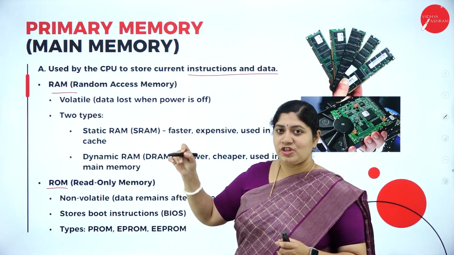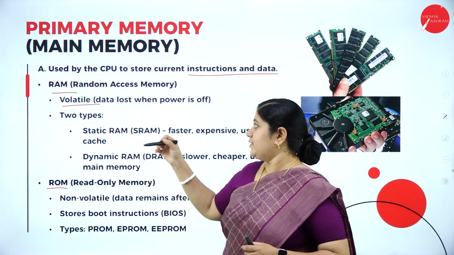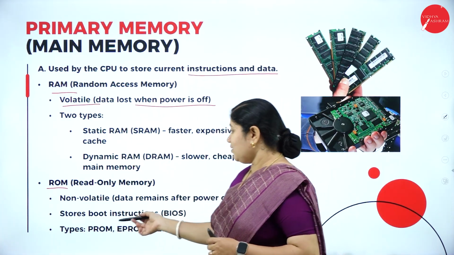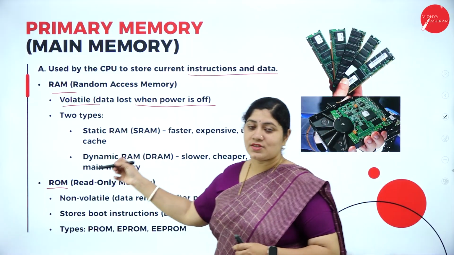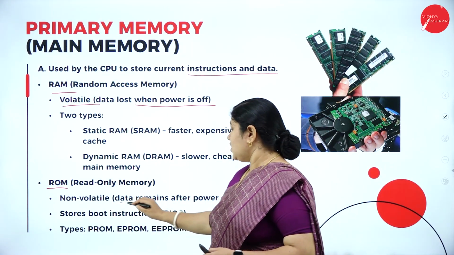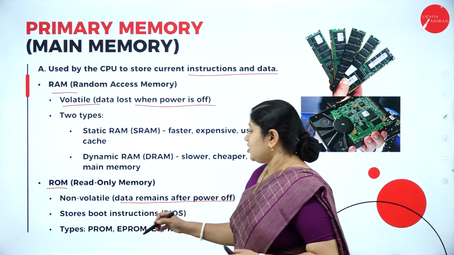Because of this feature, RAM is completely volatile, which means data will be lost when power is off. With respect to ROM, it is non-volatile because your information will not be lost. The data remains even after power off.